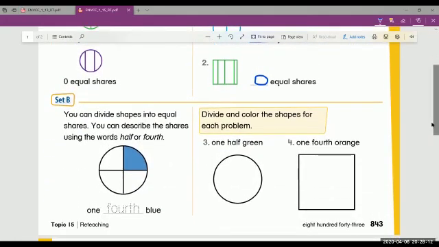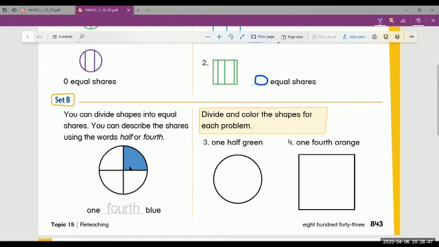Now here, you can divide shapes into equal shares. You can describe the shares using the words half or fourth. Now here, into how many shares is this shape divided? Into 1, 2, 3, 4. Now, can you describe the blue share?